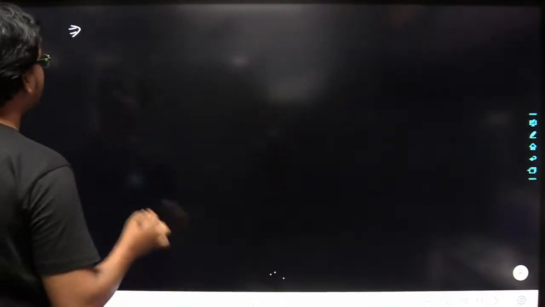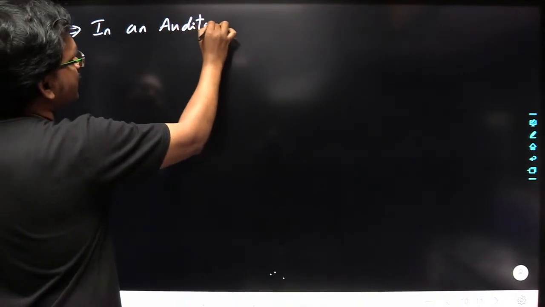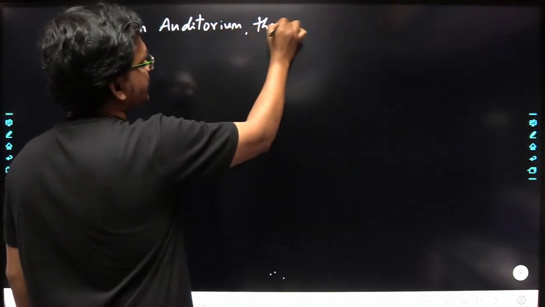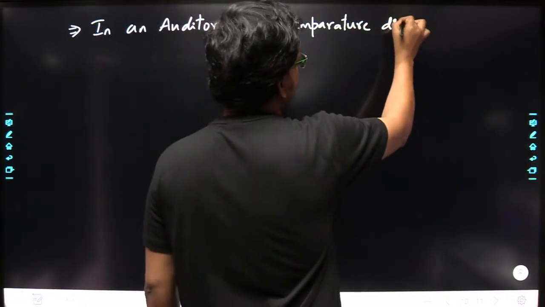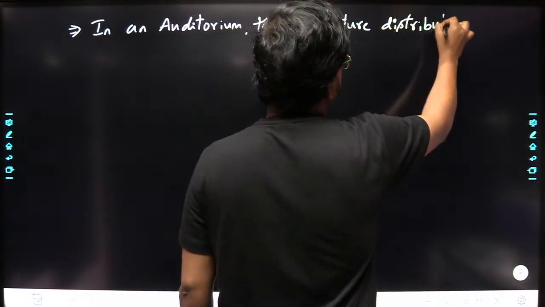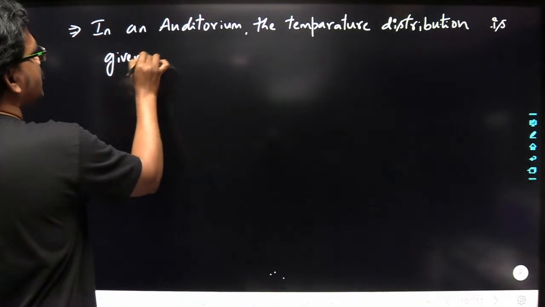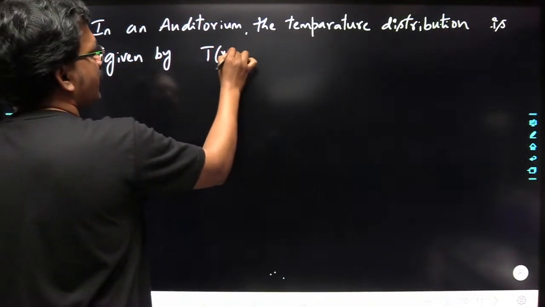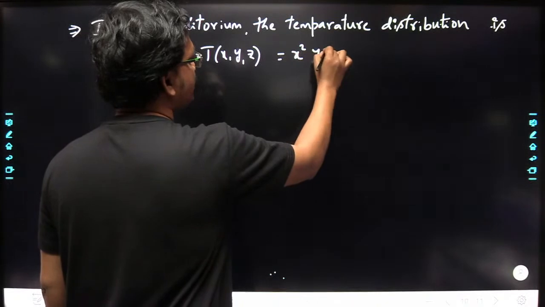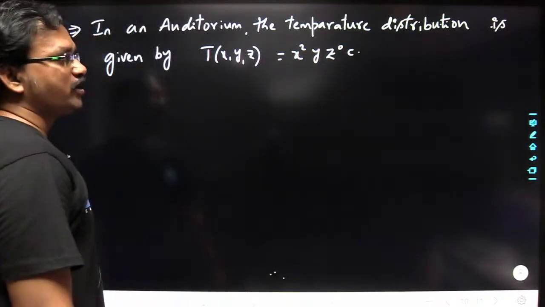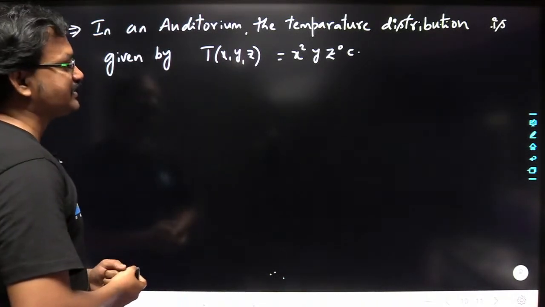In an auditorium, the temperature distribution is given by, let us say, T of x comma y comma z is equal to x square yz degrees centigrade. Right?